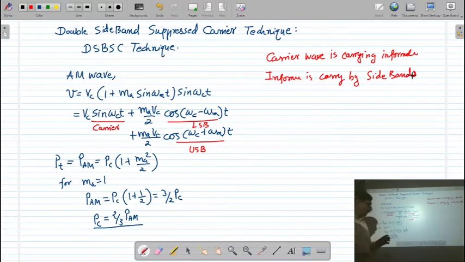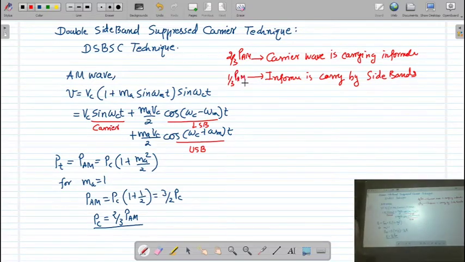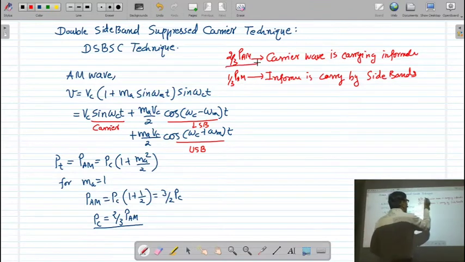So here the power with the carrier is 2/3 of the total power, and the power of the sideband frequencies is only 1/3 of the total power. If the carrier is not carrying the information, then why should we waste so much power?